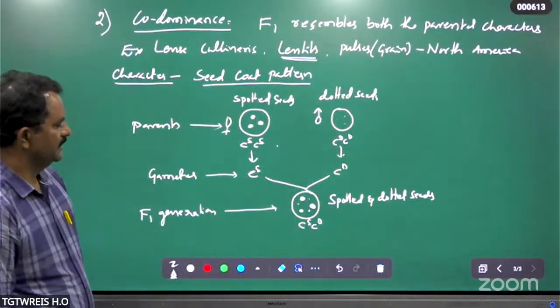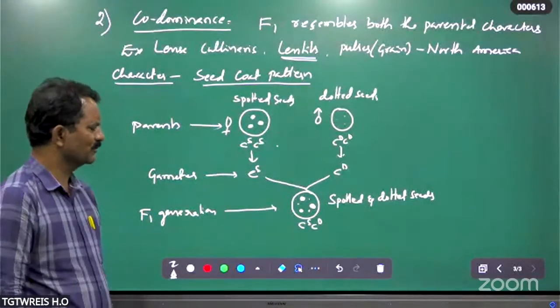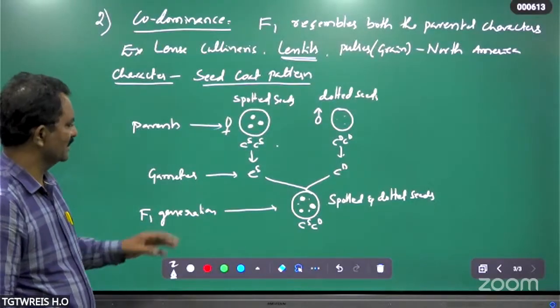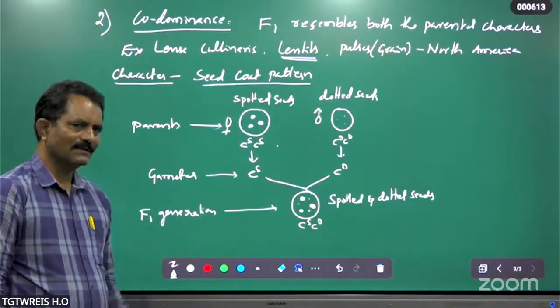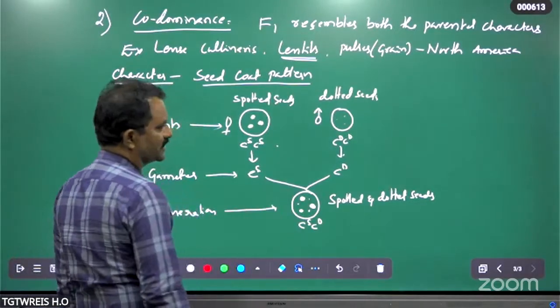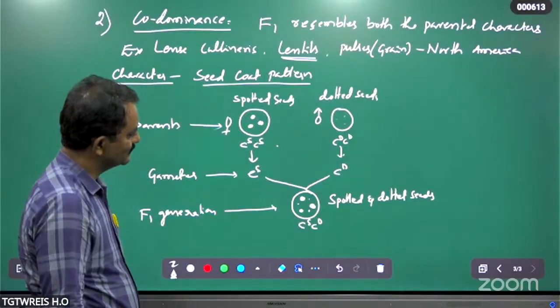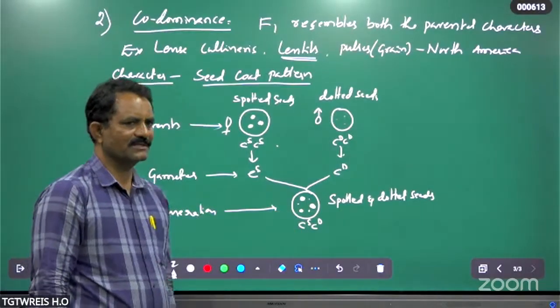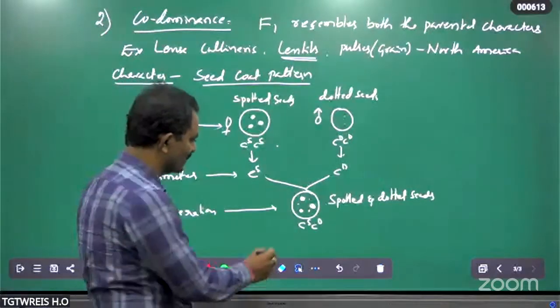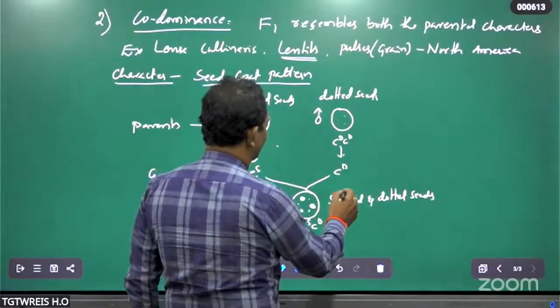The seeds with the spots and dots, both are present in F1 generation. It is one of the deviations of Mendel. According to law of dominance, the F1 generation only shows one of the parental characters, but here the F1 generation shows both the parental characters. Right.